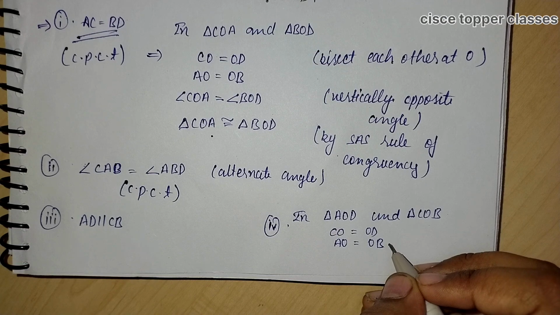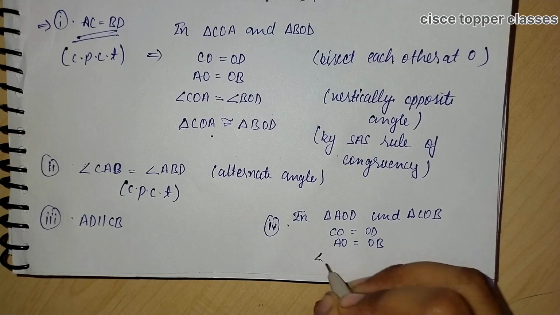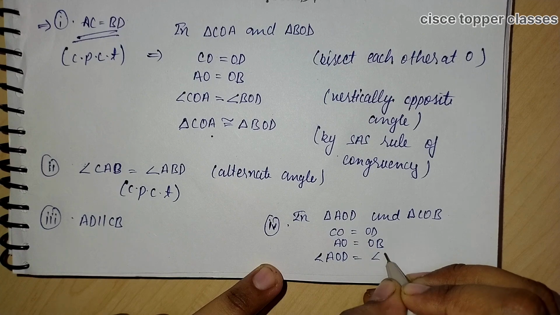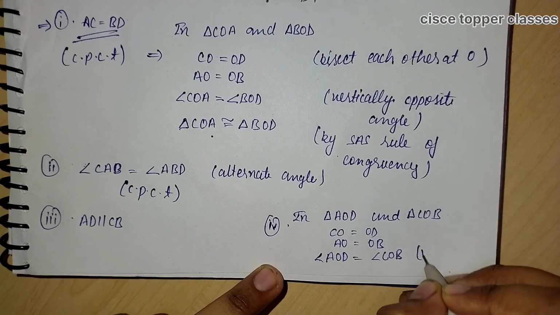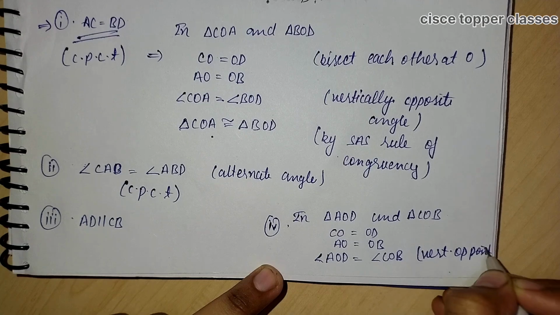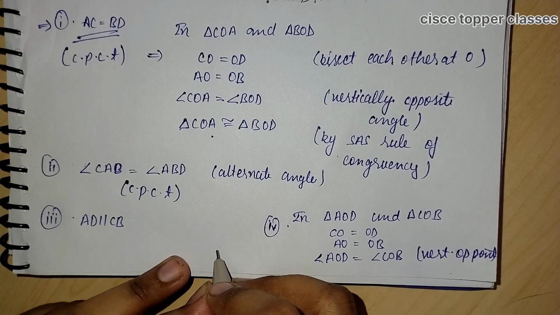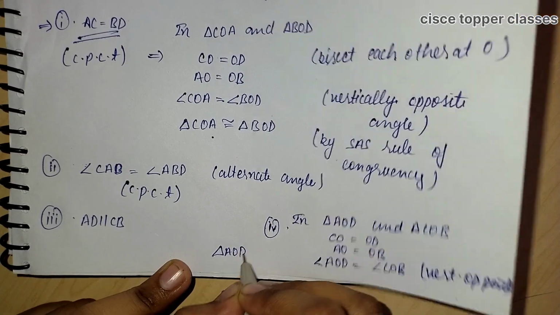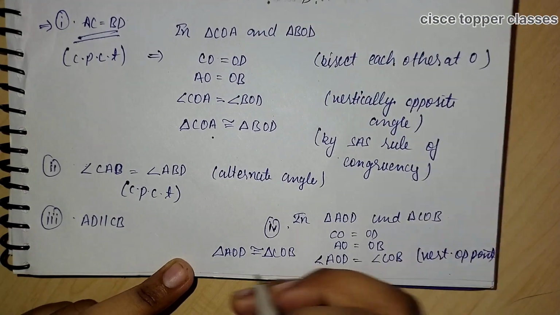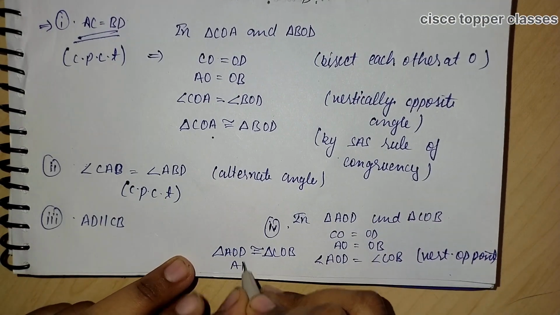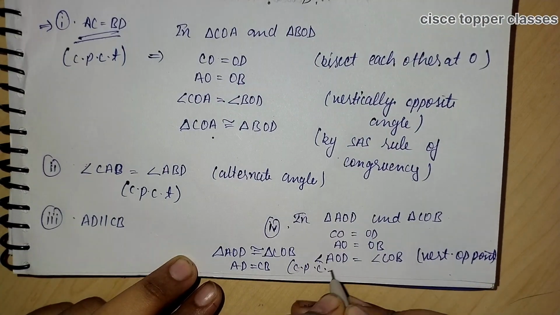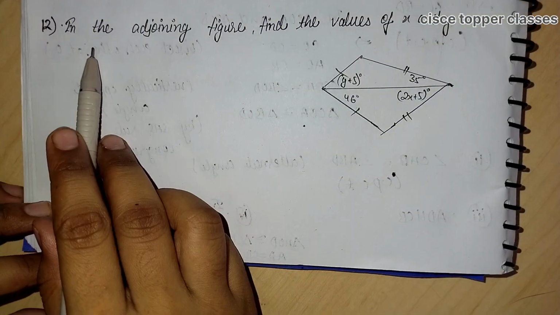So simply we can write angle AOD is equal to angle COB because of vertically opposite angles, and from these three things we can prove that triangle AOD is congruent to triangle COB, and from here simply by CPCT we can prove that AD is equal to CB.